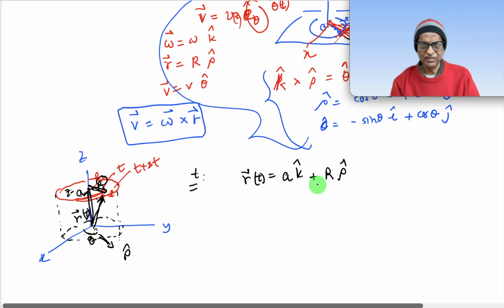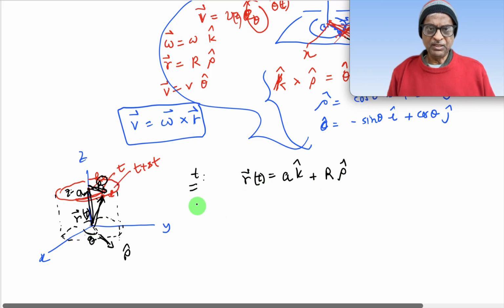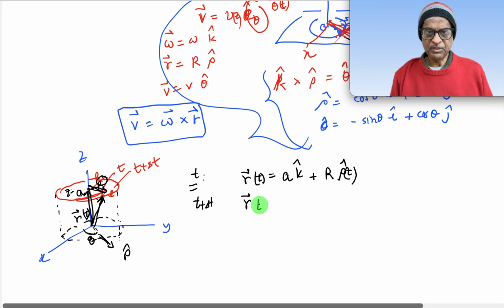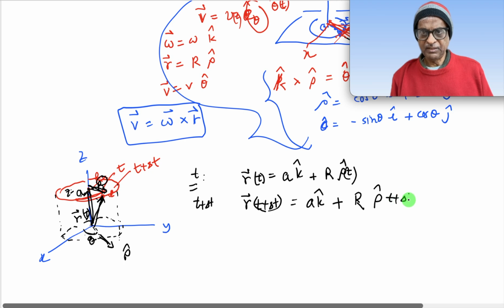Okay, so at time t plus delta t, this has rotated, and r of t plus delta t will remain the same in magnitude, but rho hat will be in a slightly different direction.